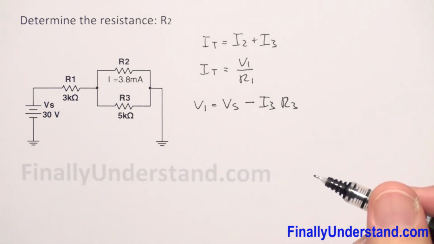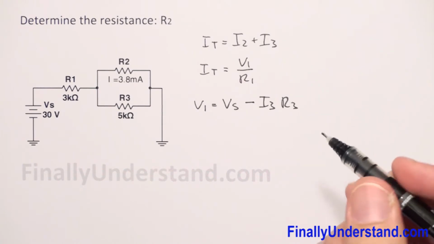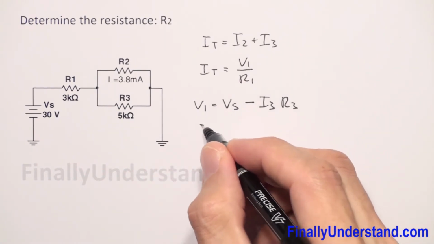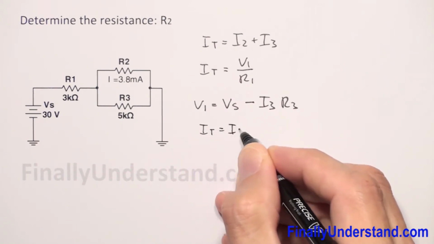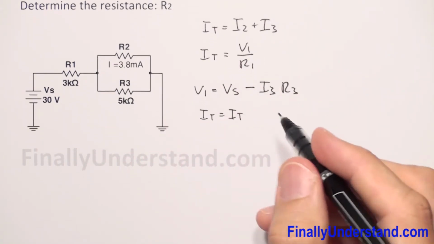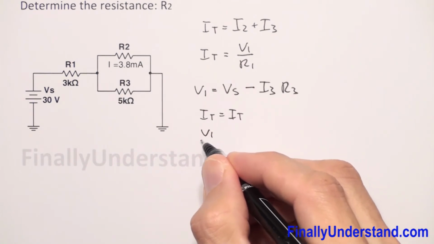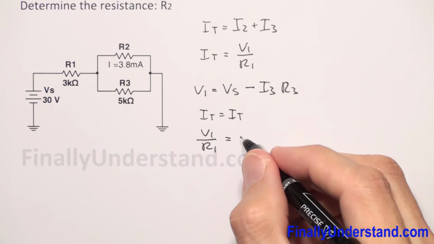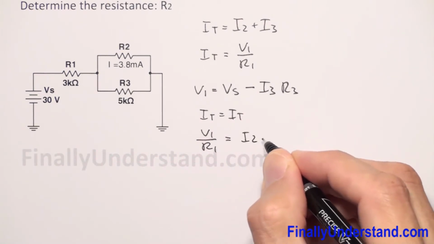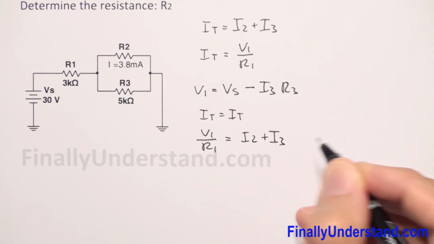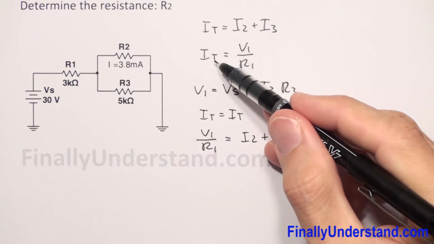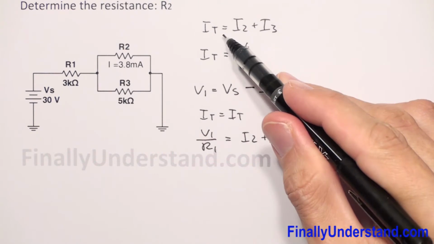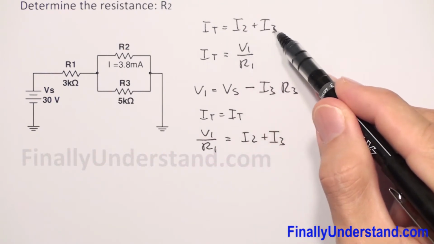So what I would do in this case, I would simply write that I total is equal to I total, right? So I'm going to write that V1 over R1 is equal to I2 plus I3, because we said that I total is equal to V1 over R1 and I total is equal to I2 plus I3.